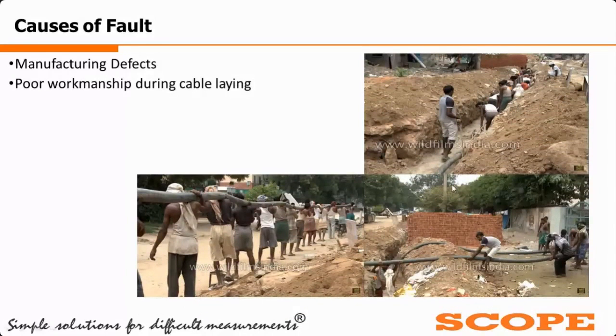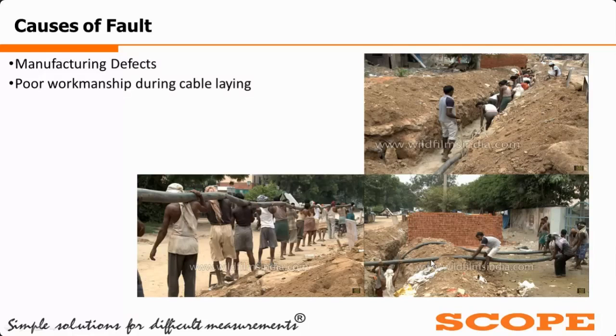The next one is poor workmanship during laying. Nowadays in India, the latest cable laying techniques like pulleys are not widely used for the installation of cables underground or in trenches. Here you can see pictures from Delhi in which the cable is laid manually, but in this type of installation the bending radius is not properly maintained.